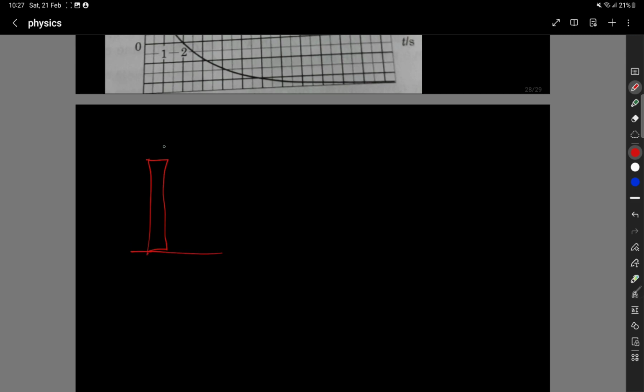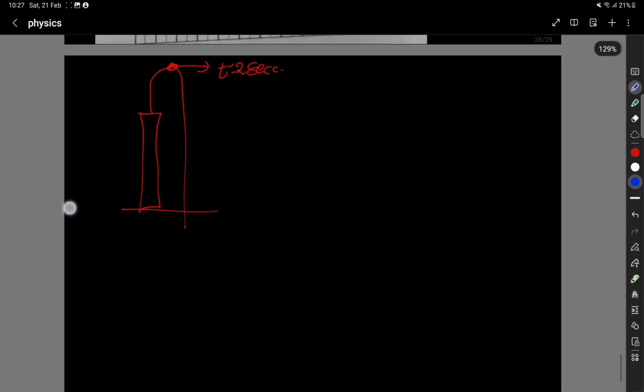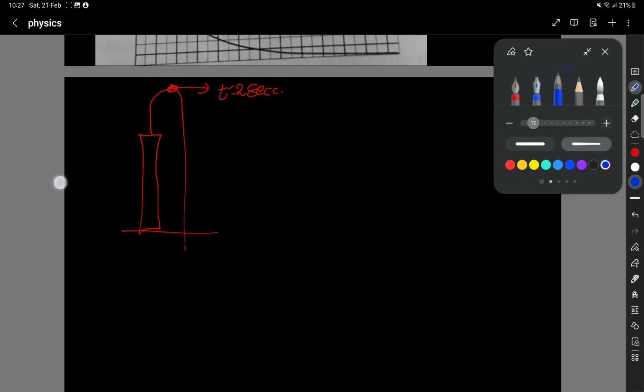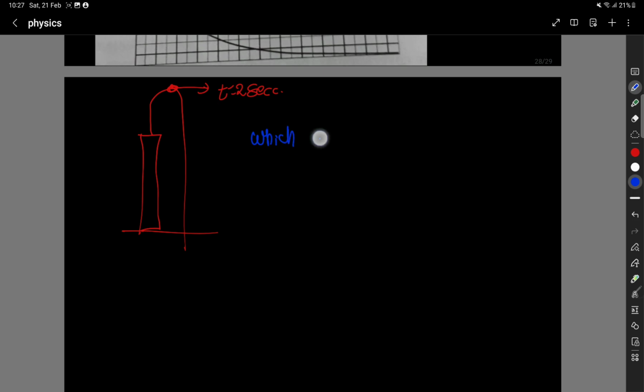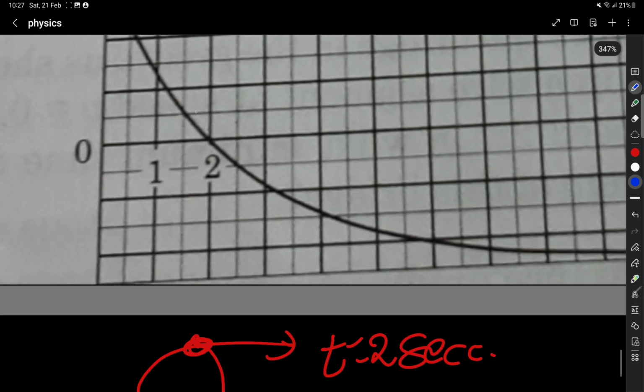Let's just draw the diagram. So clearly, this is t equal to 2 seconds. Now, from the graph, we have to ask ourselves which points are clearly marked, and that, if you see, is near t equal to 2, this point and this point.